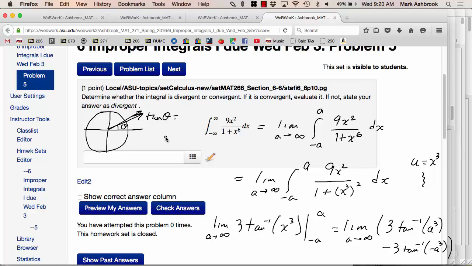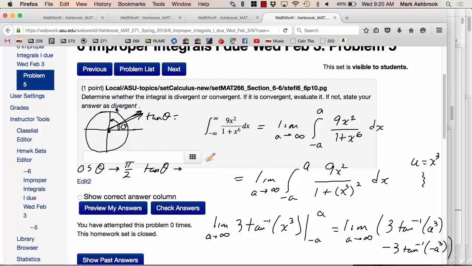So what happens to the slope when theta gets close to pi over 2? As theta approaches pi over 2, tangent theta does what?